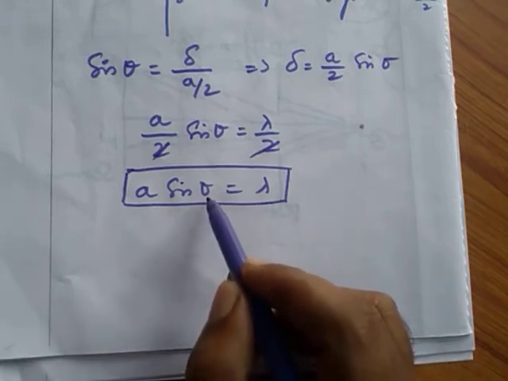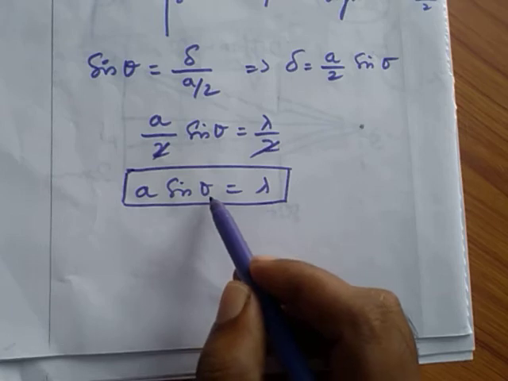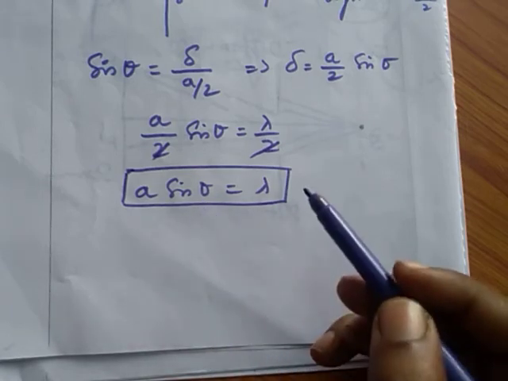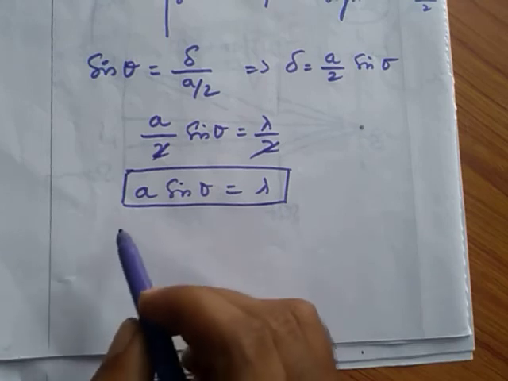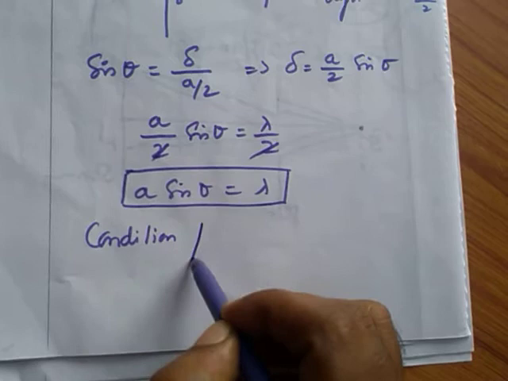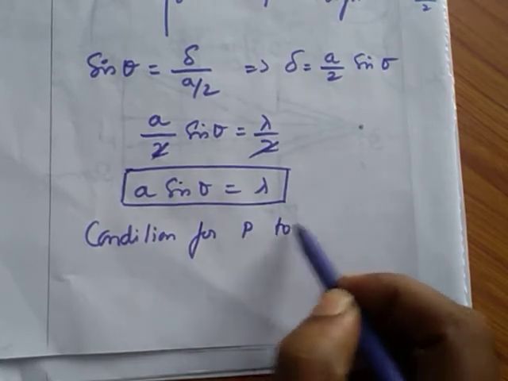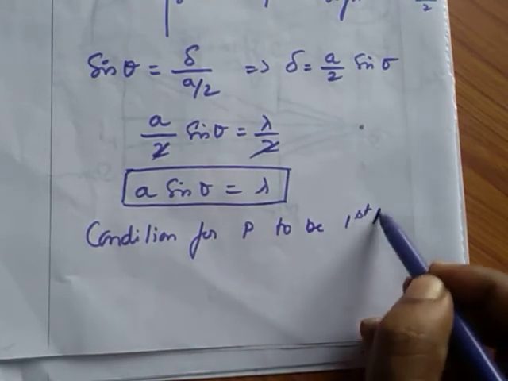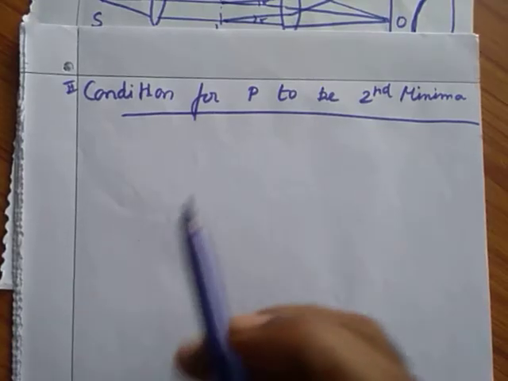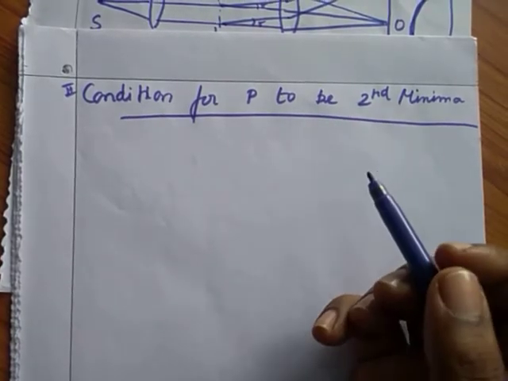Here theta is the angular spread of the central maxima, up to which it spreads. Now the condition for P to be second minima.